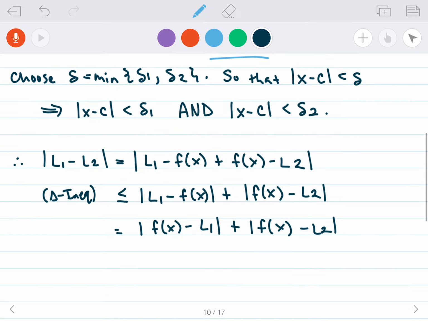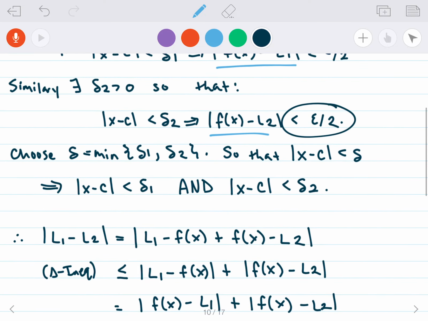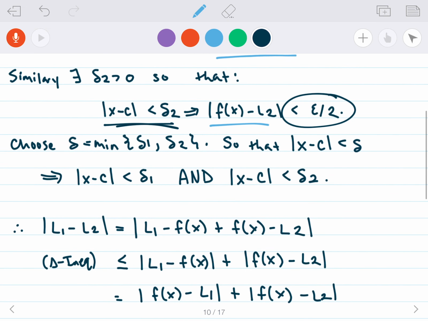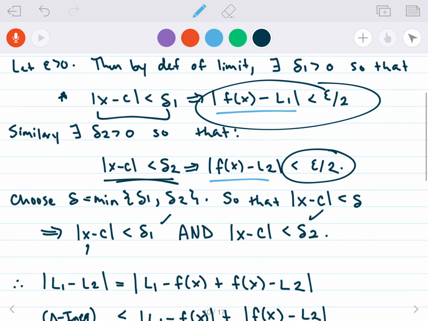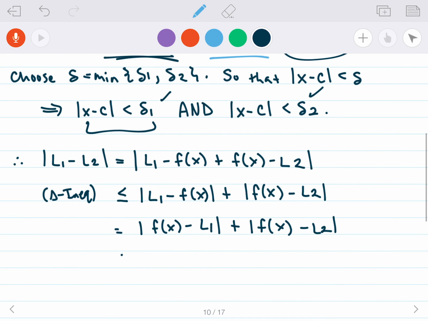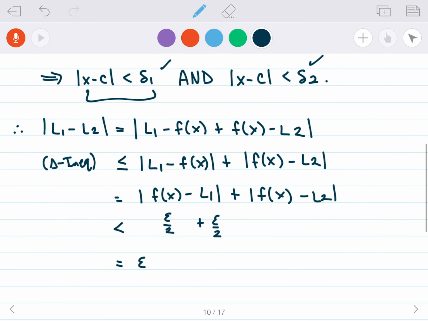And then we know that this is less than epsilon over 2 because this hypothesis is satisfied. And we know that this is less than epsilon over 2 because this hypothesis is satisfied. So this is less than epsilon over 2 plus epsilon over 2, which equals epsilon. And so we have |L1 − L2| less than epsilon.